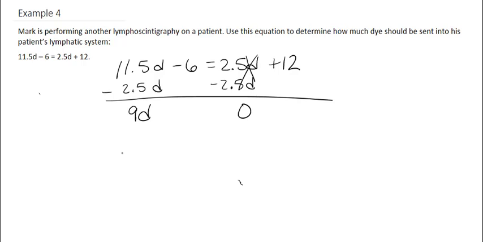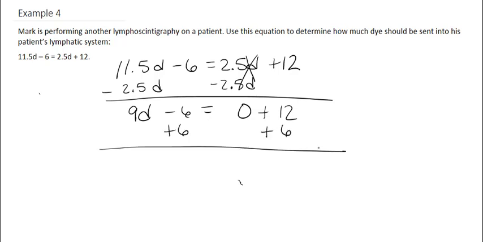And you can always verify with a calculator. Now we're going to go minus 6 is equal to 12 on the other side. To get d by itself, we're going to add 6 to both sides of the equal sign. So minus 6 plus 6 is equal to 0. And then 12 plus 6 is equal to 18.